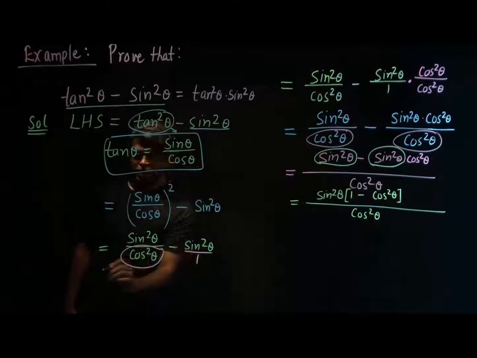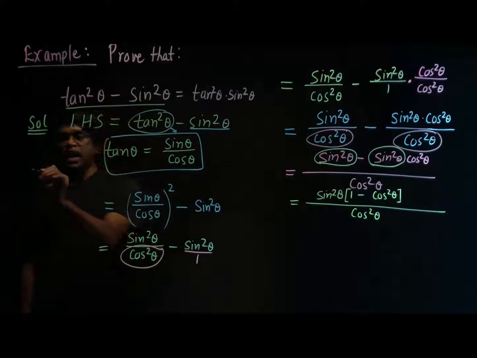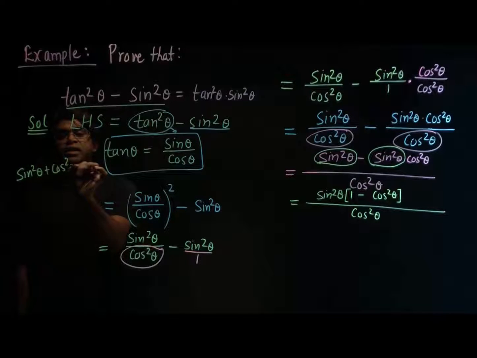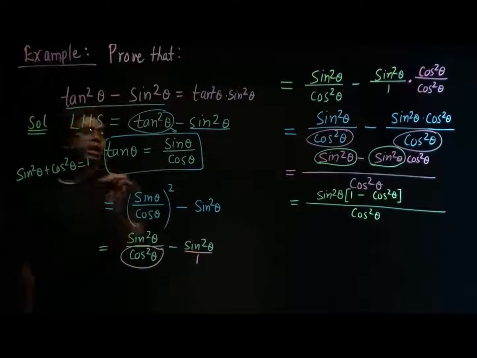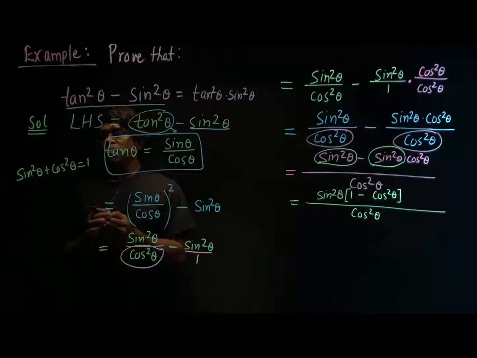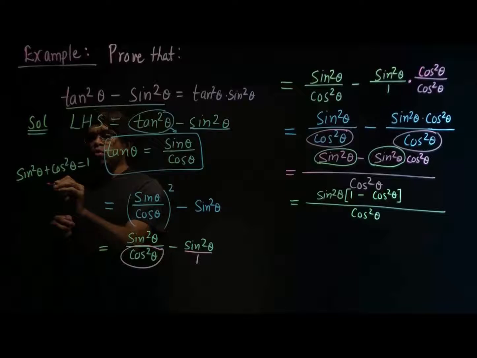I just want to remind you of the trigonometric identity that we talked about: sine squared theta plus cosine squared theta is equal to 1. And I need to find the value of 1 minus cosine squared theta. So I'm going to subtract cosine squared theta from both sides.